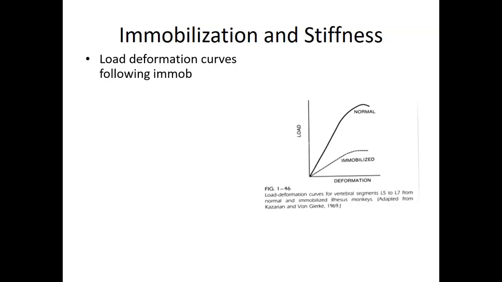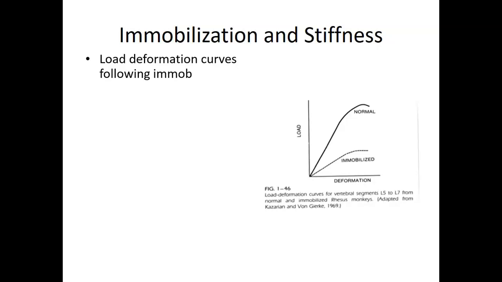So the peak that is higher is normal, and then the immobilized one is lower, that shorter curve, slope. I keep forgetting terminology. So there's a significant decrease in stiffness, and the immobilized one is more compliant to force, right? So if I'm putting force on these poor little vertebral segments, as the force increases, the normal one has much less deformation as that force is increased.